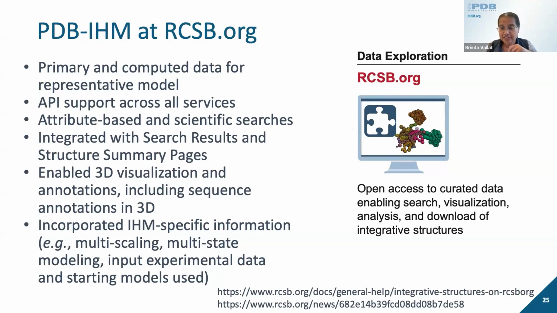If this is identified and provided by depositors, then the annotations and information are loaded for that representative model. But if it is not provided by the depositor, then we choose the first model containing the largest number of molecules as the representative model and load information for that model.